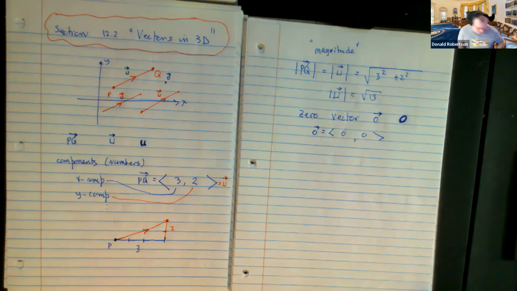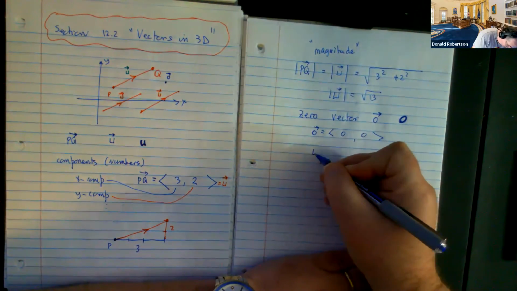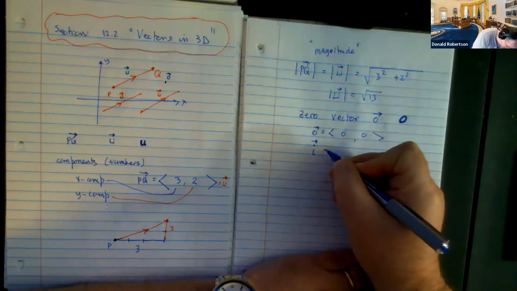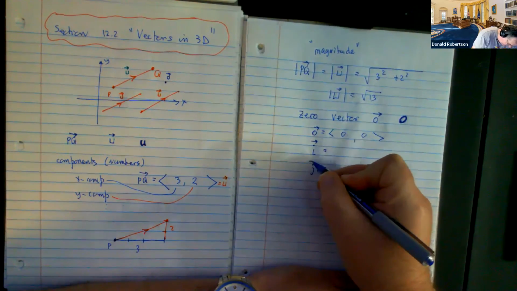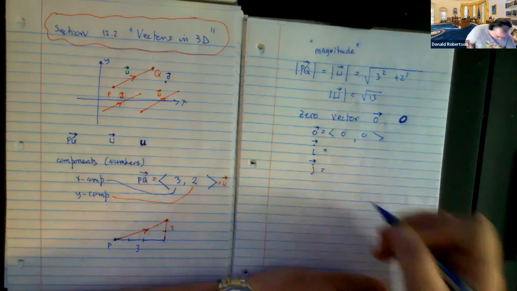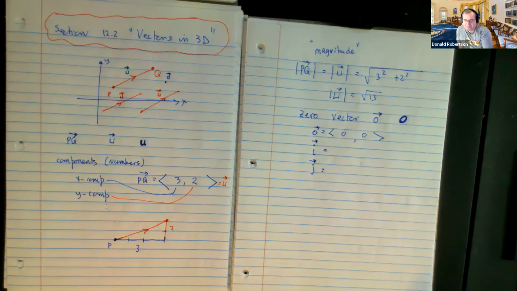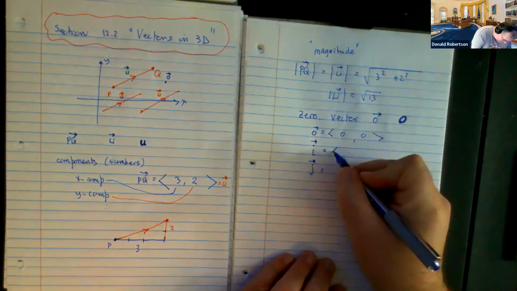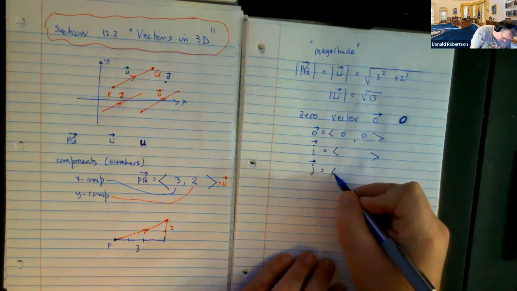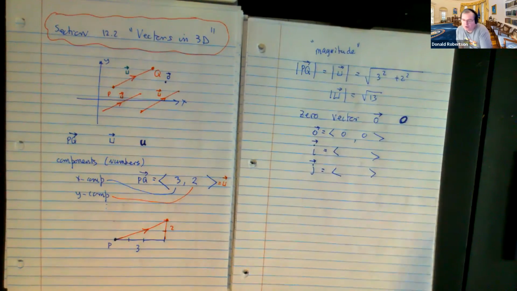Now, there are 2 other vectors that are given special names. There's one called I in the 2D world, and there's one called J. Can anybody remember what the vector I represents, or how you would write it as a component?